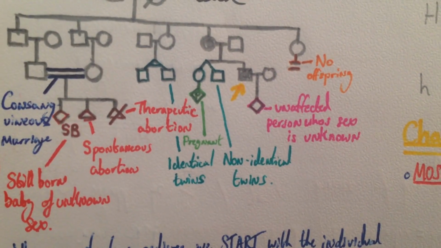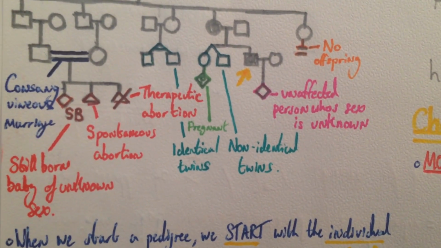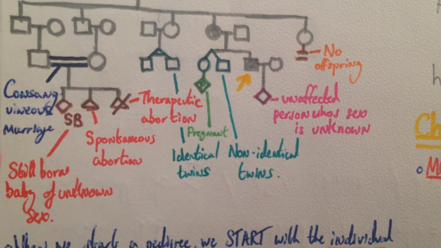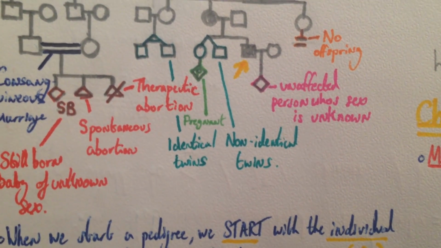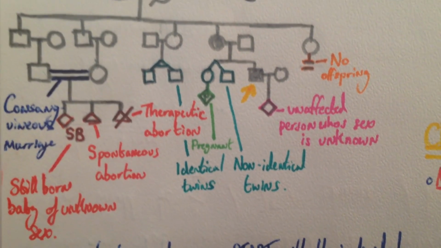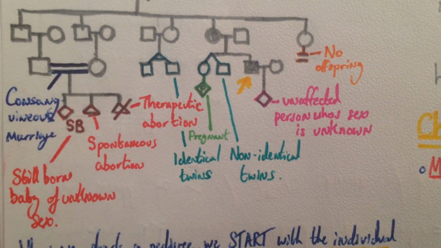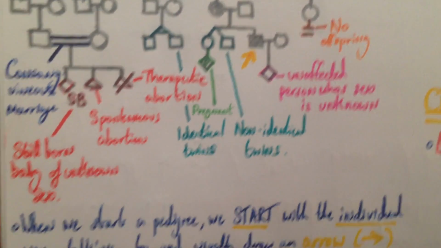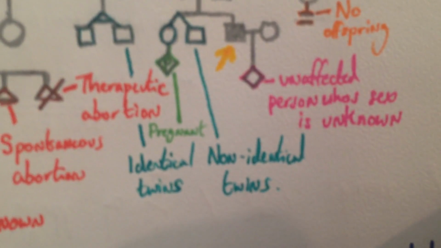The ones in red are a stillborn baby of unknown sex, with a diamond shape with an SB next to it. A triangle like that means spontaneous abortion, and a triangle with a line through it means therapeutic abortion. We then go on to the greenish ones, but for some reason they look blue.